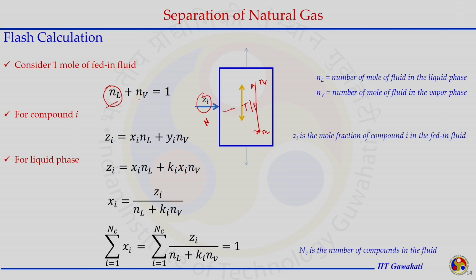In that case, NL plus NV will become 1, at the operating condition, meaning within the separator, and those values of NV and NL will depend on temperature and pressure.